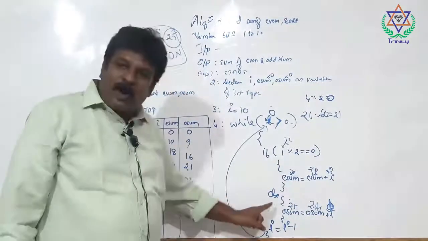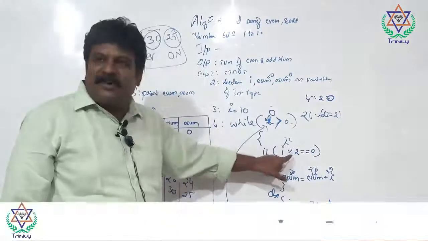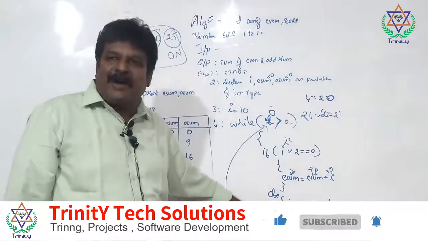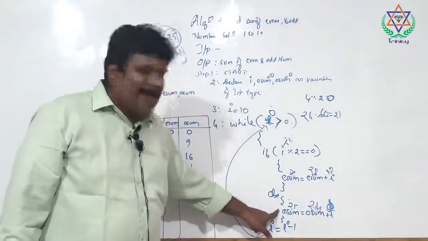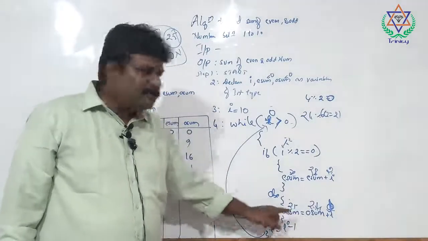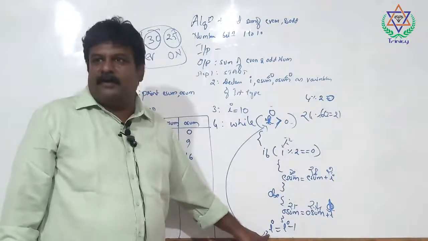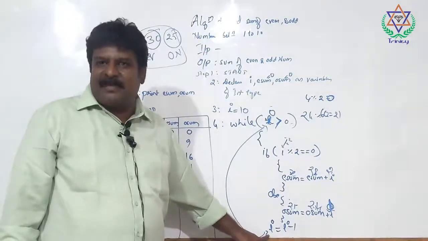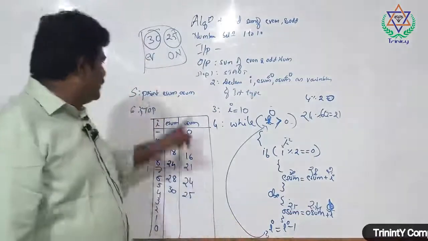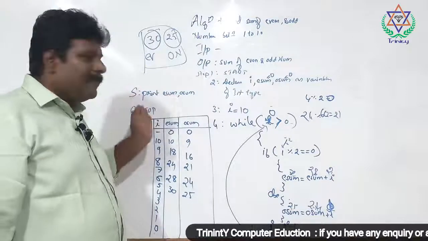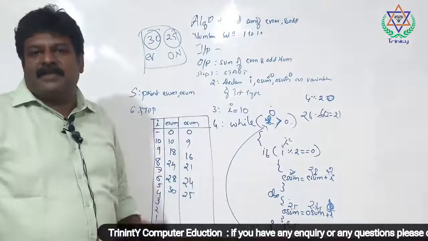If this condition fails, it comes to the else part, we decide the counter value as an odd number and find the sum. Here, we are decrementing the counter like 10, 9, 8, 7 and so on. After that, in step number 5, we are printing eSum and OSum, and step number 6 is stop.